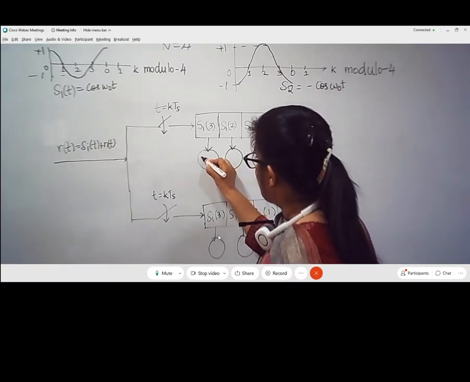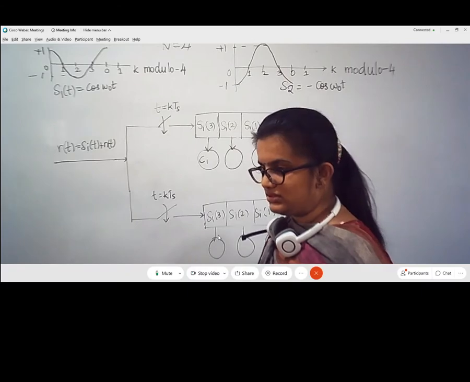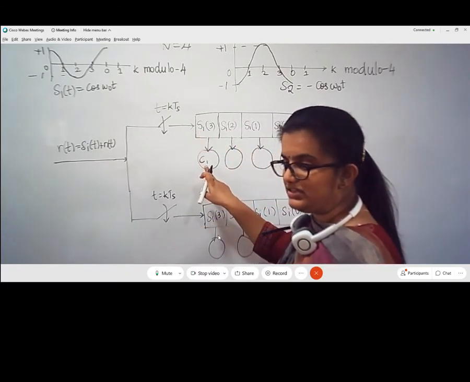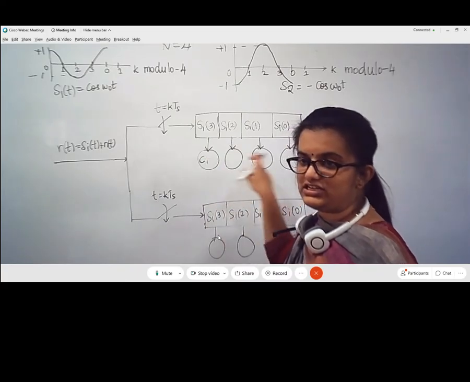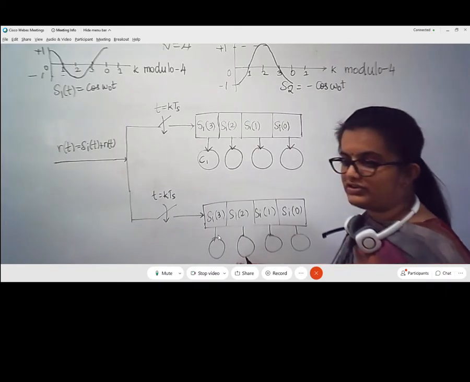What are those weights? I'm going to compare with Ci. In this case, Si will be compared with C1. This channel will be for symbol S1 and this channel will be for symbol S2.